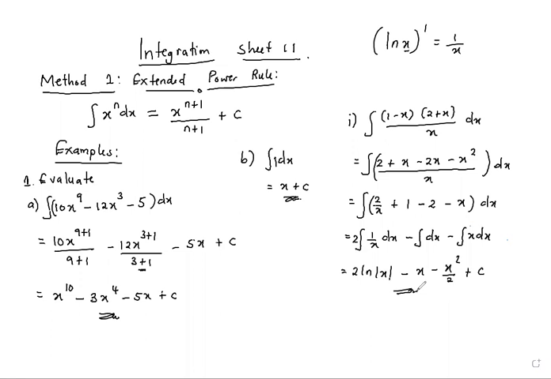Okay, then we have some more I think we can pick from this question. Like h is the integral of 6 minus 2x squared dx. So this one you expand.